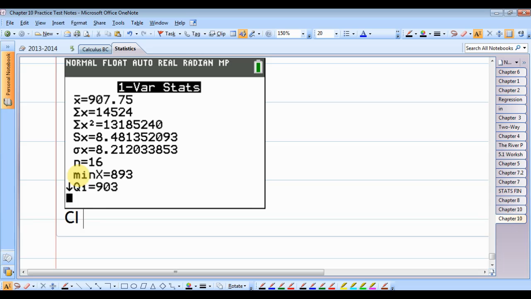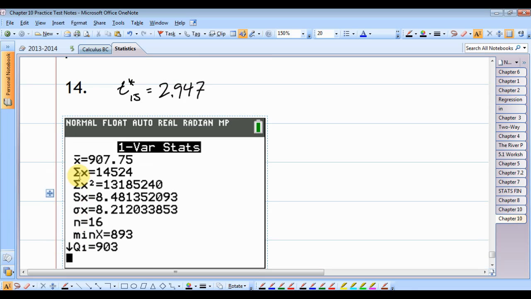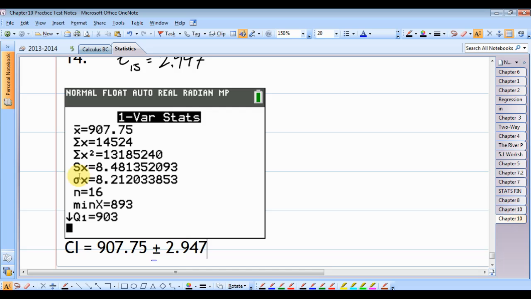So the confidence interval is equal to 907.75 plus or minus 2.947 times 8.481 divided by the square root of 16, which I know is 4.